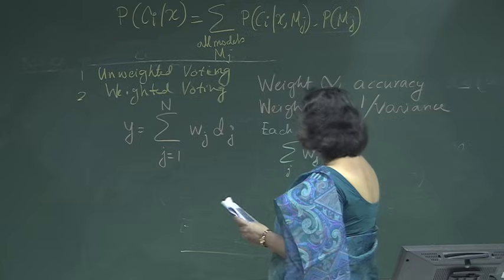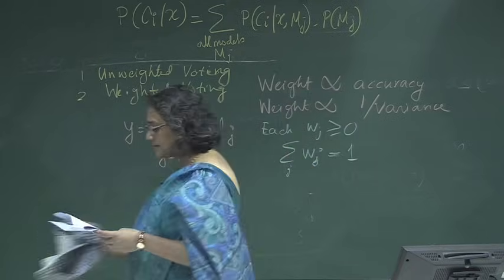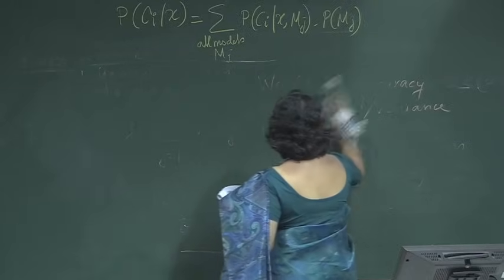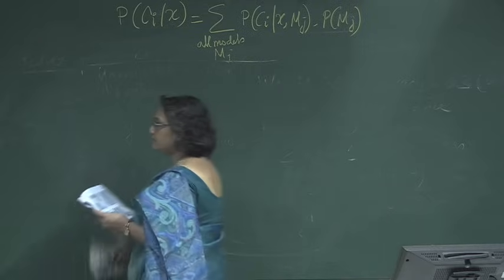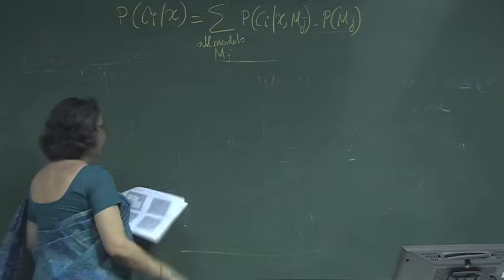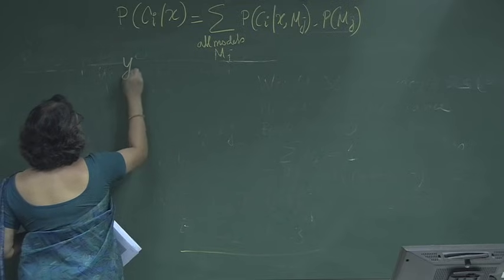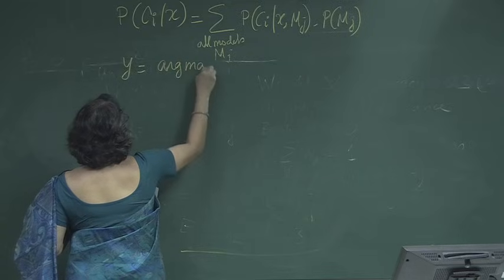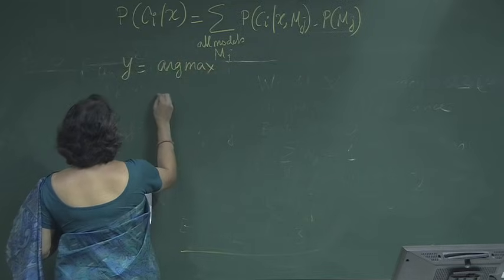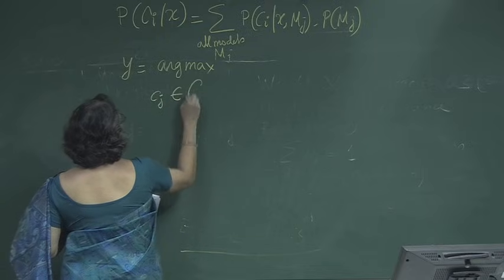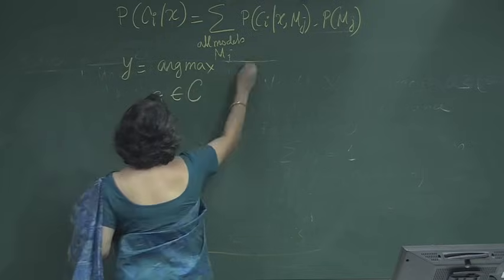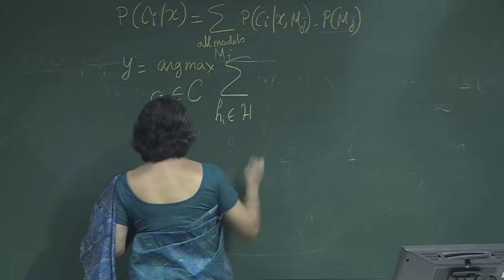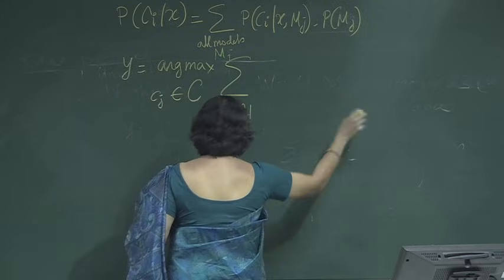But this is what the Bayes thing does. So, from this what we get is, in the Bayes classifier, we can rewrite the output y as that class Cj included in the set of classes C for which the summation over all hypotheses Hi in the hypothesis space capital H of this expression is maximum.